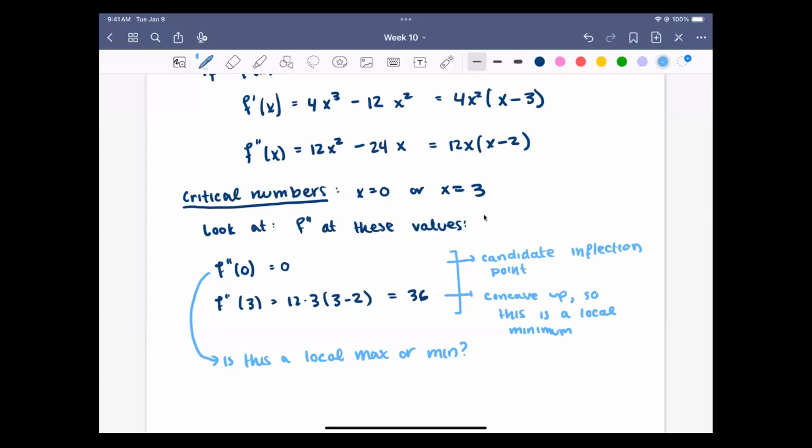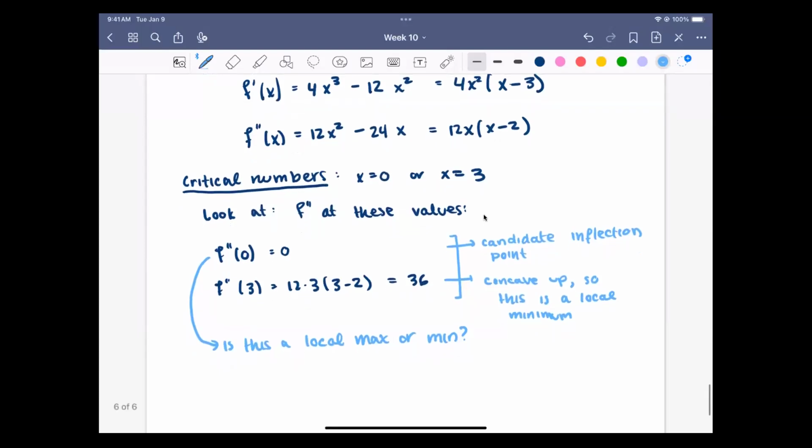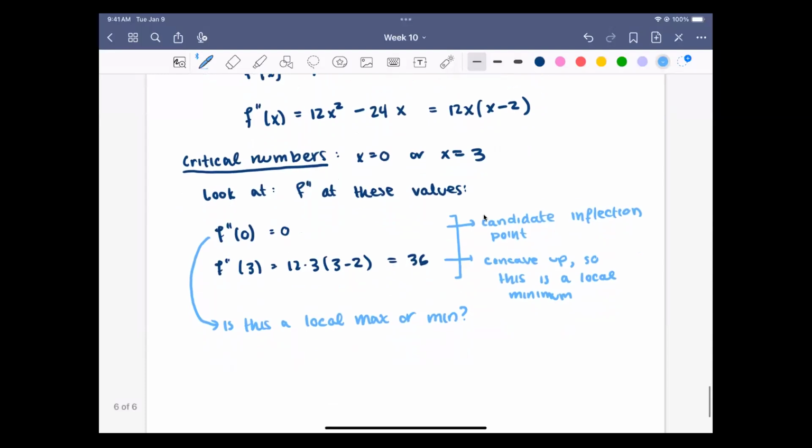Yeah, so the first derivative test has us looking at obviously the first derivative. So let's use the first derivative test. The first derivative test has you looking at whether or not the first derivative changes from positive to negative or negative to positive at that point.